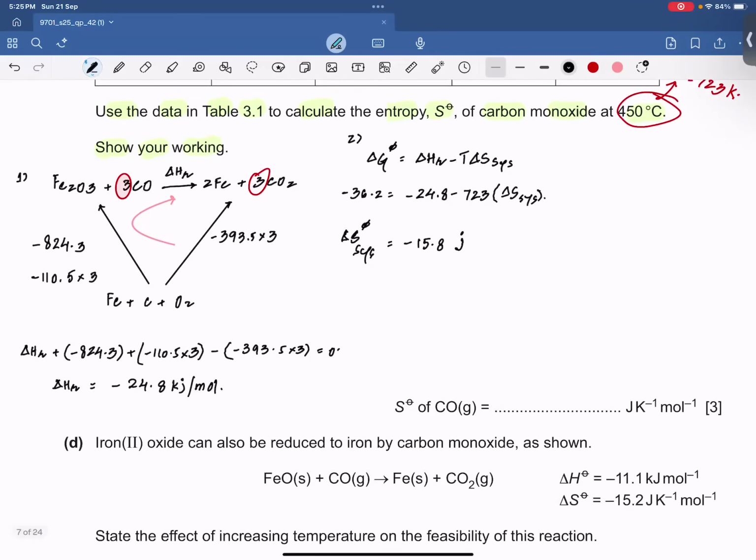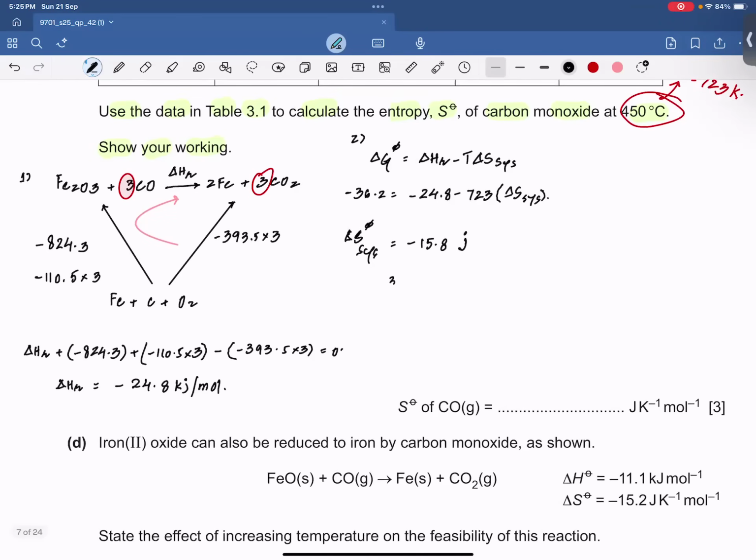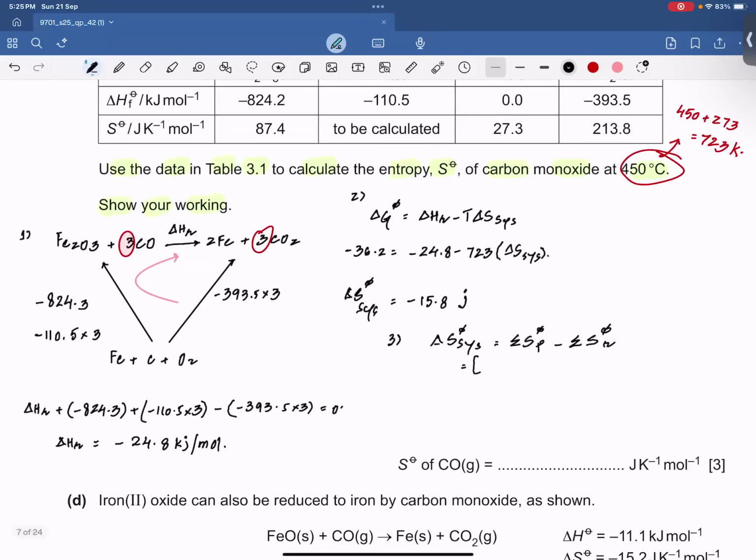In the third step, I'm going to use an expression in which I'm going to use the summation of standard entropy of products minus the summation of standard entropy of reactants. Now the products are carbon dioxide and iron.